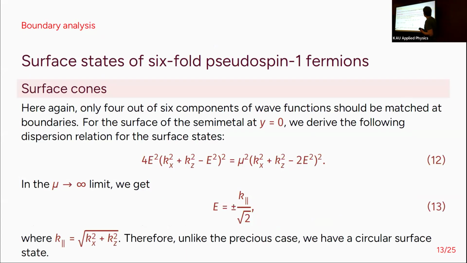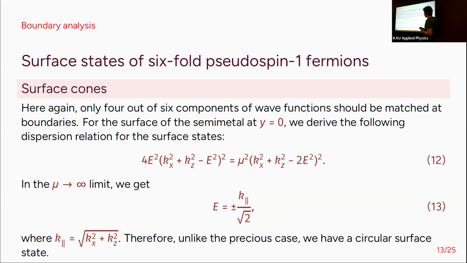So for the six-fold fermions, we also needed our new boundary condition. We need to match only 4 out of 6 components. We obtain this dispersion relation, which we simplify by making the mass gap, the energy gap, infinite.